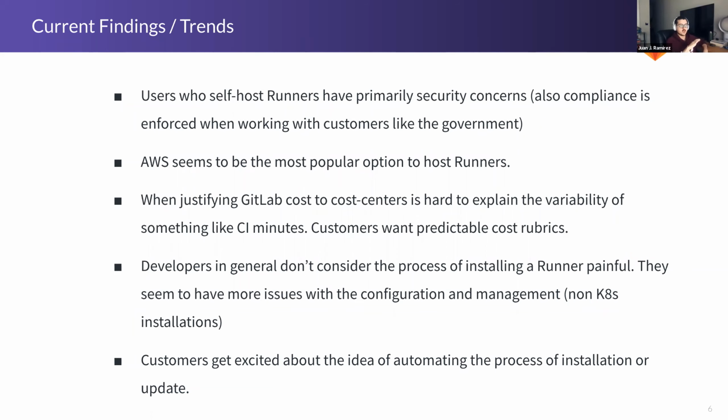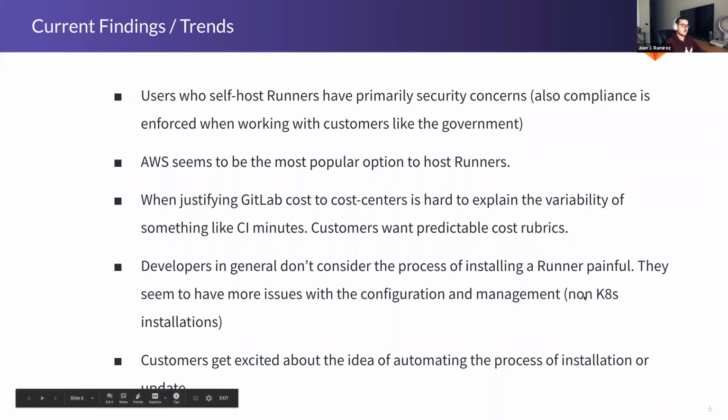But there are of course a lot of issues in the configuration. There are people who are doing Kubernetes clusters, there are people who are doing EC2 instances, there are people who are doing many things. So yeah, it's a challenging area because they don't consider this painful, but there's definitely a lot of pain hidden under that.